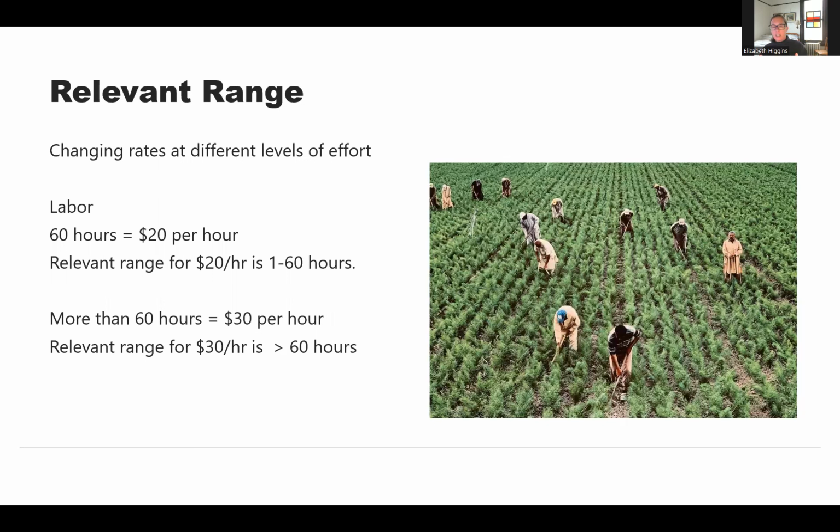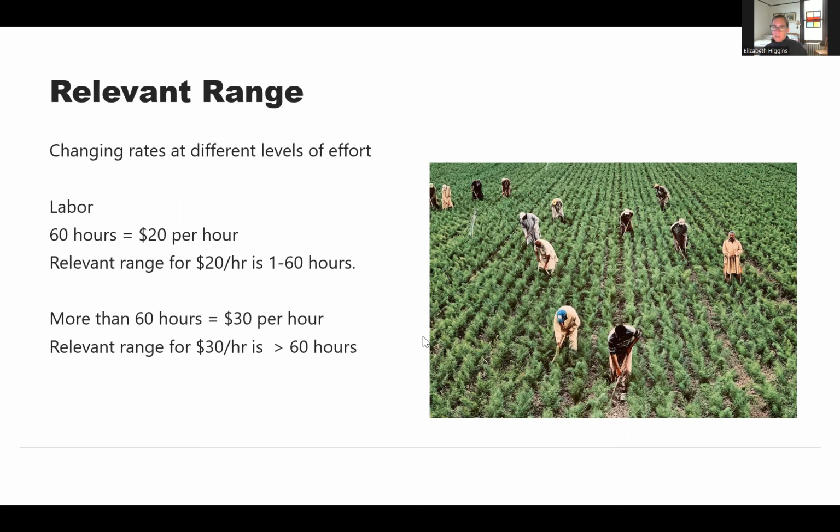If you're more than 60 hours, though, it's now time and a half. It's $30 an hour. So the relevant range for a $30 hour wage is anything over 60 hours. And when we're creating our budgets with these estimations, a price is only really relevant within the range that it's accurate for.